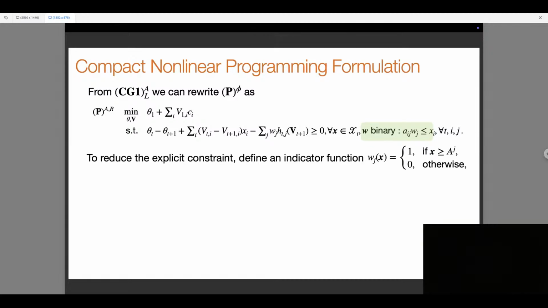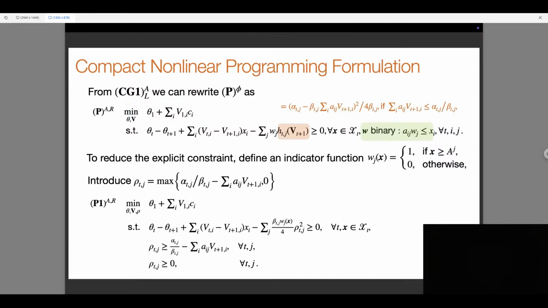So to reduce this constraint, we firstly define an indicator function wj(x) that indicates that if the x is greater than or equal to aj, the value is 1, and otherwise it will equal 0. And then we introduce a new decision variable rho tj, that is a maximization over this form and 0.